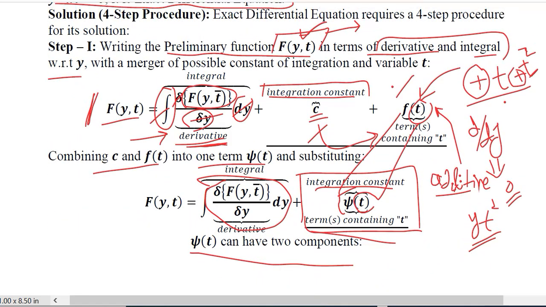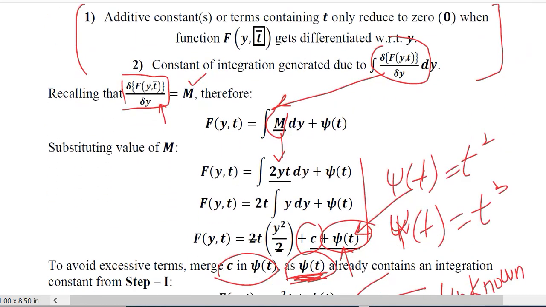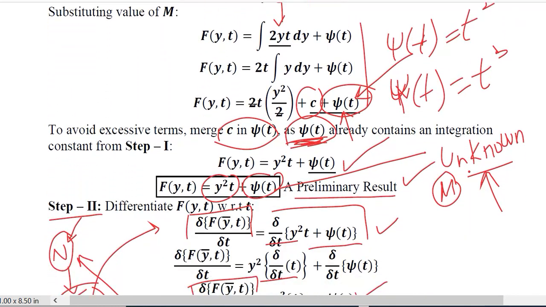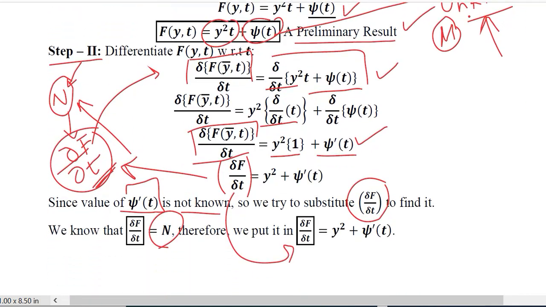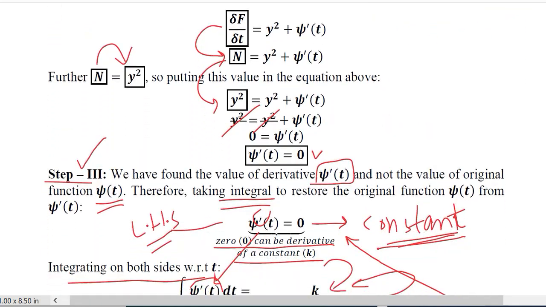But in this specific part of the video, the second part, we have solved the exact differential equation by using the 4-step procedure used in solving an exact differential equation. And there were these steps that we performed on this given numerical exact differential equation.